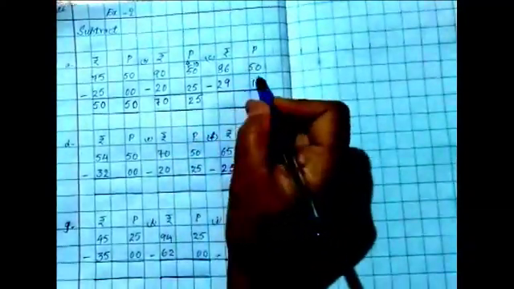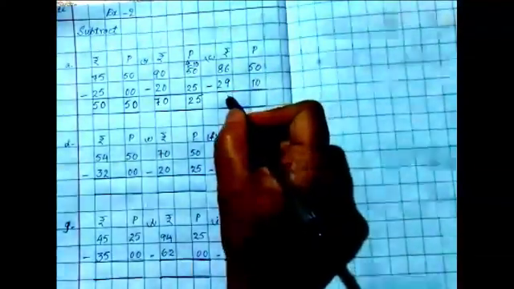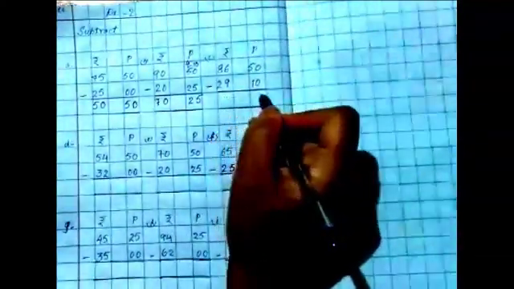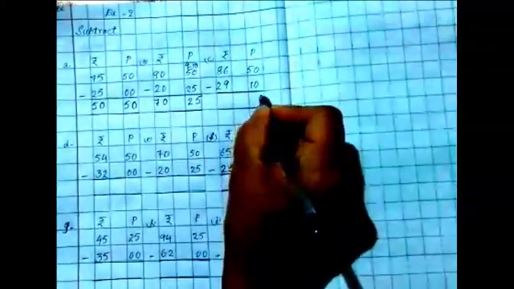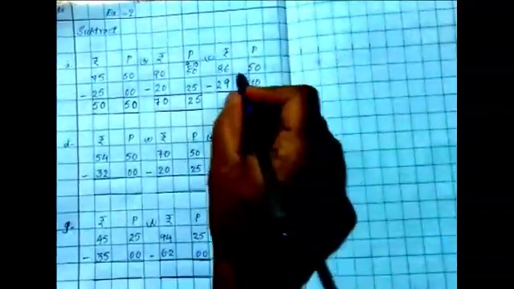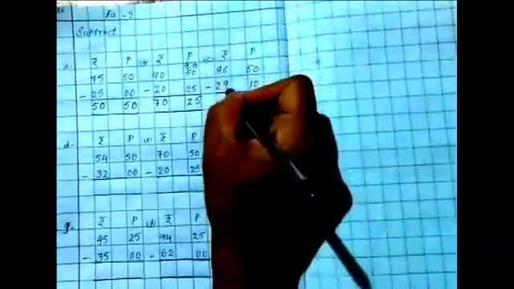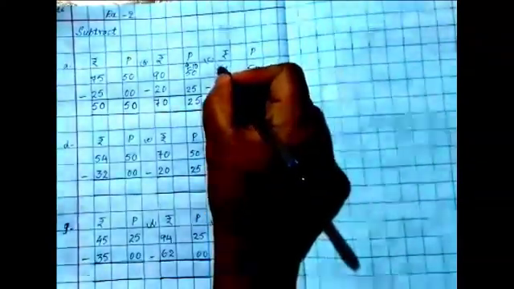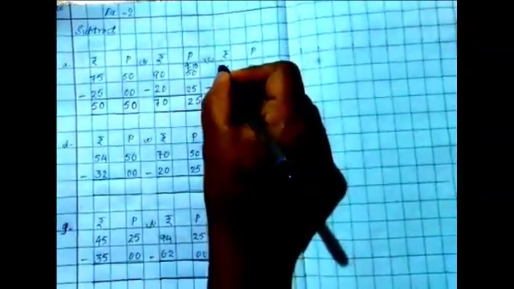Okay, from 86 rupees and 50 paise, you have to subtract 29 rupees and 10 paise. So 0 minus 0 is 0. 5 minus 1 is 4. From 6, 9 will not go. From the small number, big number won't go. So you need to borrow from the next number.